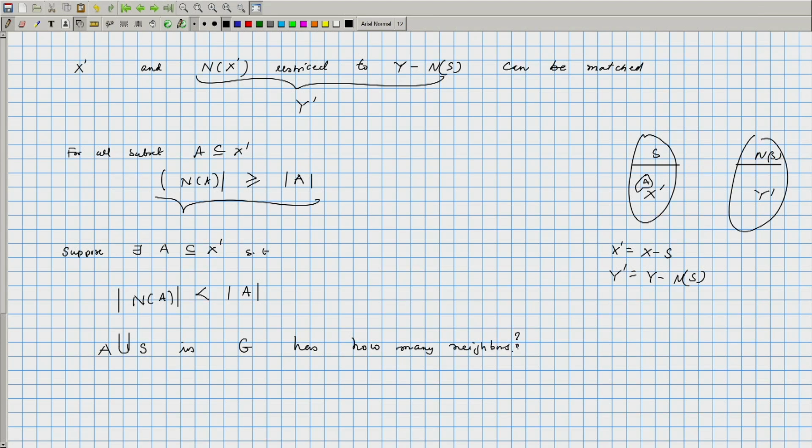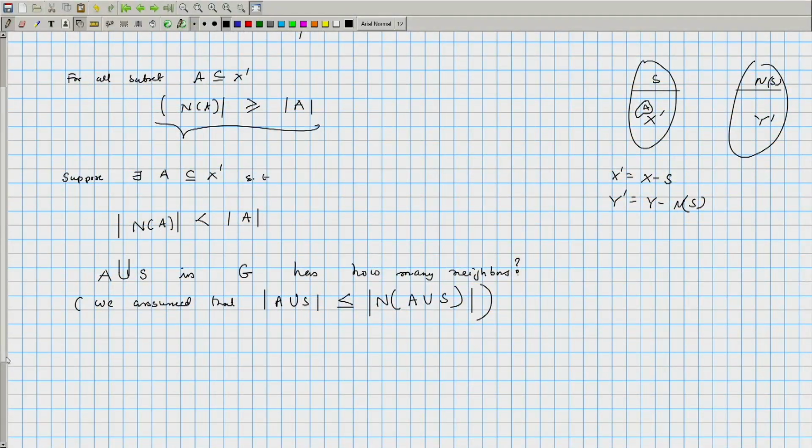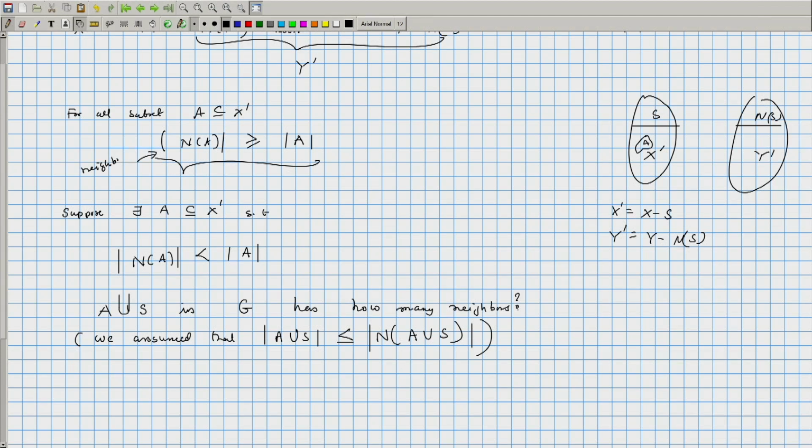By our assumption, A union S in G had at least as many neighbors as the size of A union S. So the size of the neighbors of A union S is greater than or equal to the size of A union S. This was our assumption. We will show that this condition is now violated. Here, when I say N(A), this stands for neighbors in G prime. So I am abusing the notation N a little bit.